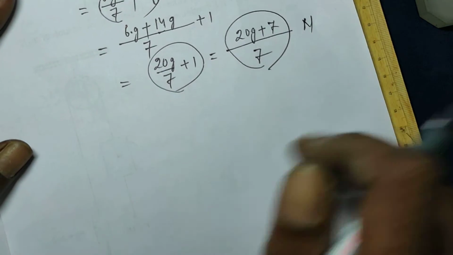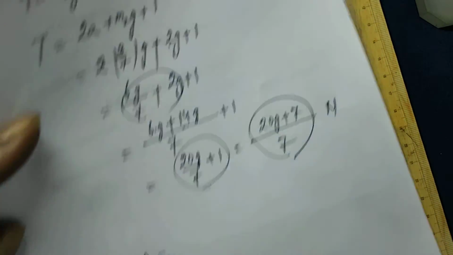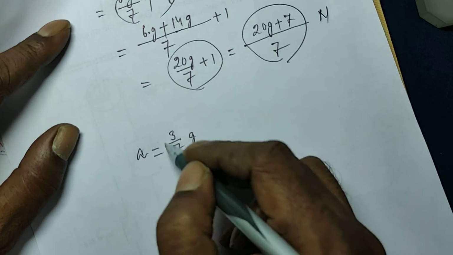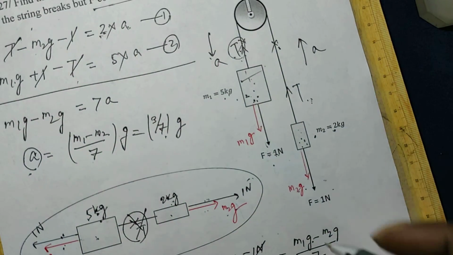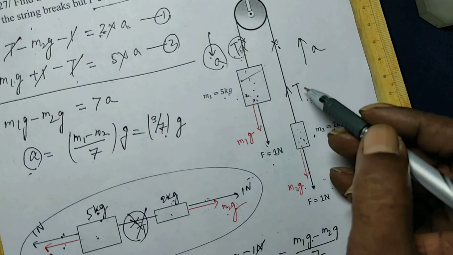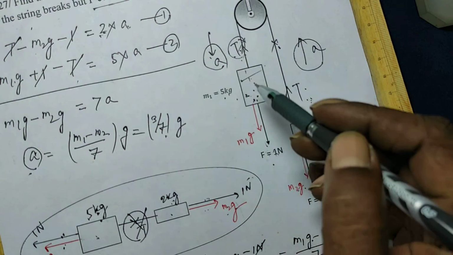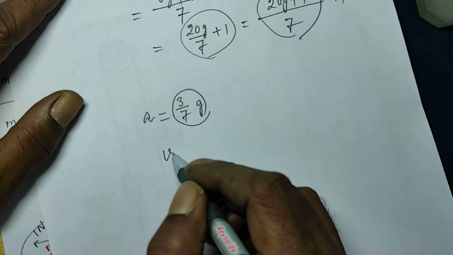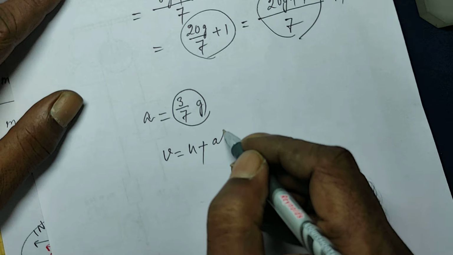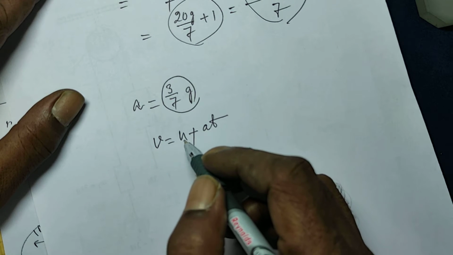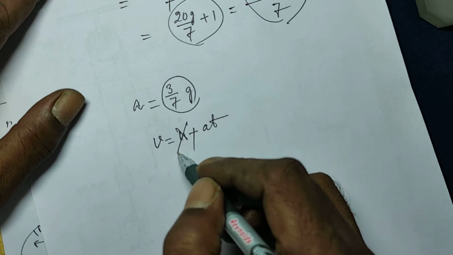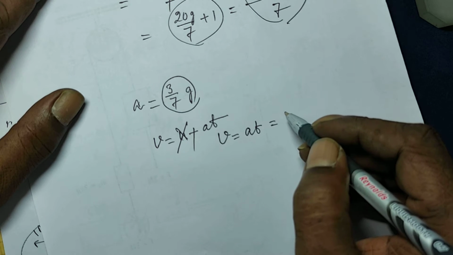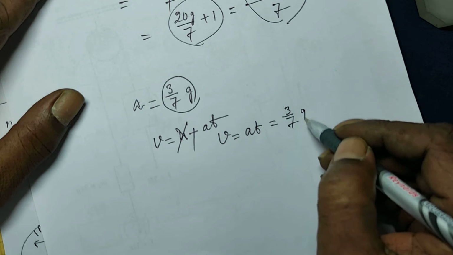Since acceleration is 3 by 7 g, and this was moving down with the same acceleration as the other was moving up, its velocity after time t will be, using the expression v is equal to u plus at, with initial velocity u equal to 0, acceleration into time, that is 3 by 7 times g times t.